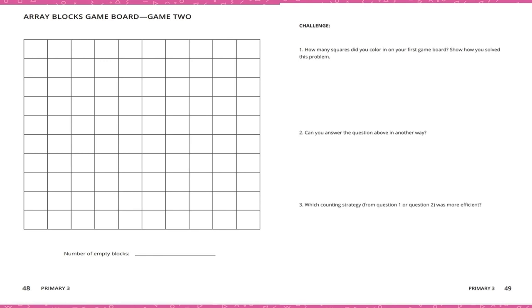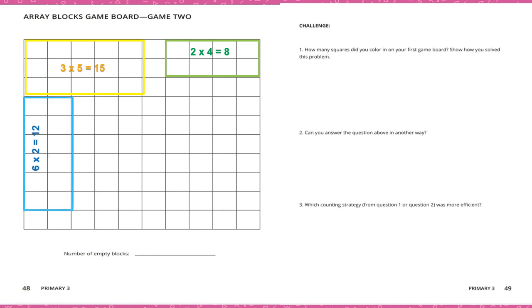Let's continue our game, and I will draw here some arrays. The first array, 3 times 5, 3 rows and 5 columns, so the total will be 3 times 5. Then 2 times 4, 2 rows times 4 columns, 2 times 4 equals 8.